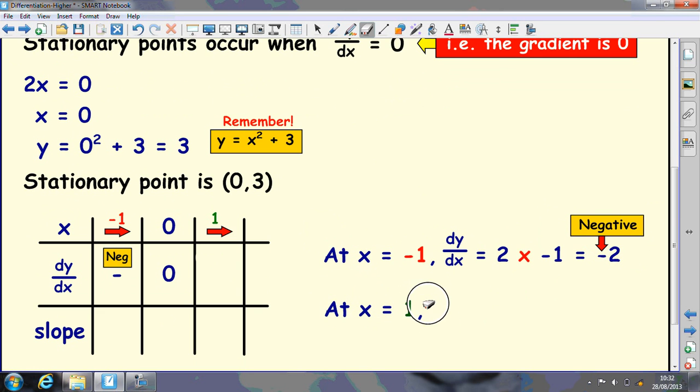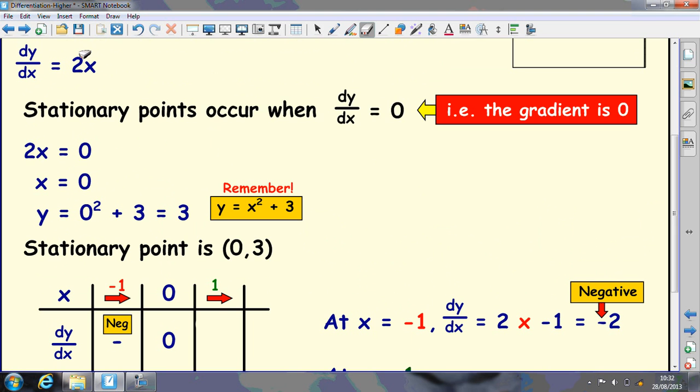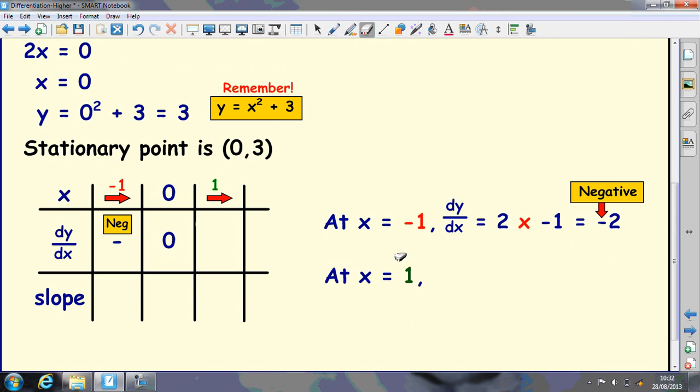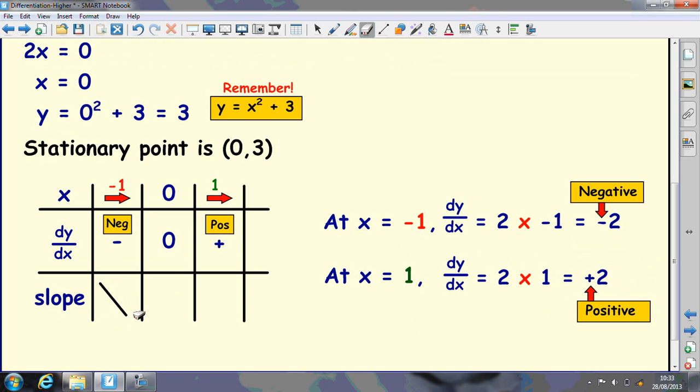And at x equals 1, this is this point here, we substitute it into the derivative, and that's going to be 2 times positive 1, which comes out as 2, and that is positive. So if you were to draw the nature table or sketch out roughly what the graph looks like, negative is going to be sloping down.